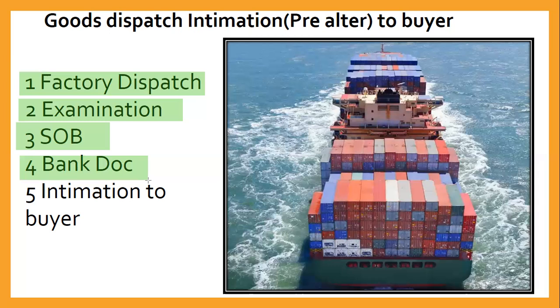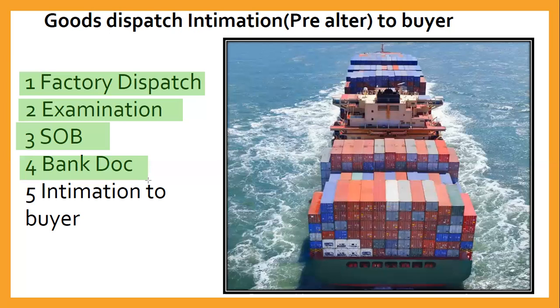Now this step has been done and the set of documents has been submitted to the bank. The important thing now is that the shipment has moved from our country to the destination, so we need to intimate our buyer that the goods have moved from the seaport, so that you can prepare for the import in your destination country.